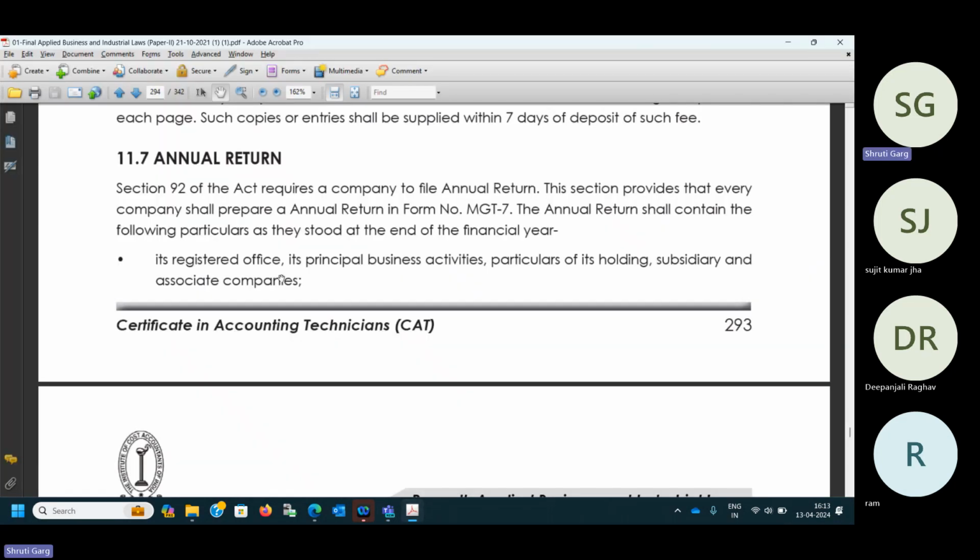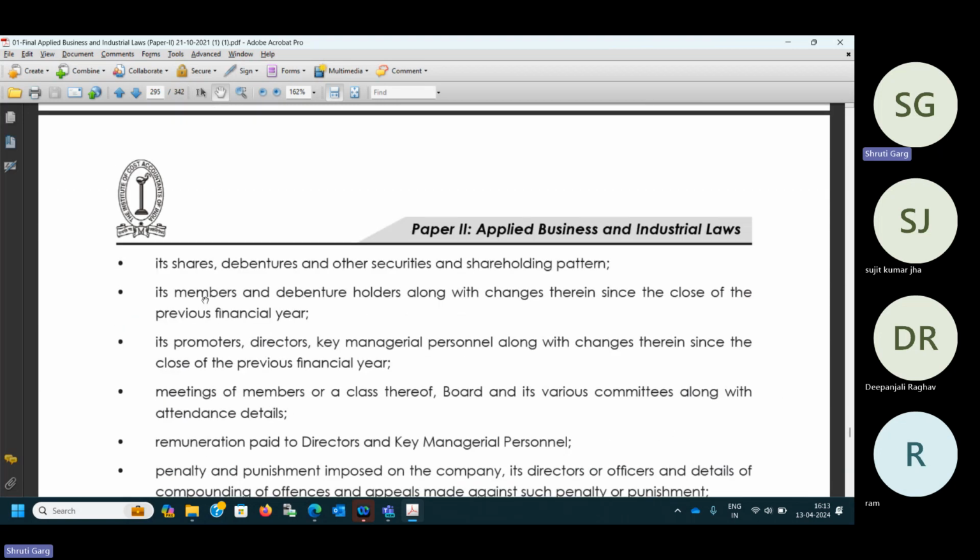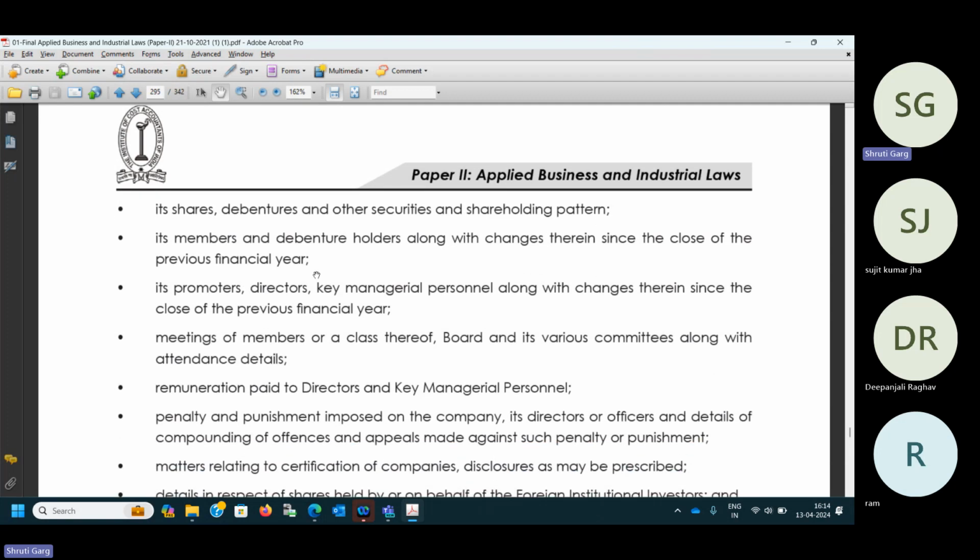What details? Its registered office, its principal business activities, particulars of its holding company, subsidiary company, associate company. Number 2, shares, debentures, other securities and shareholding pattern. Its members and debenture holders along with changes therein since the close of the previous financial year.